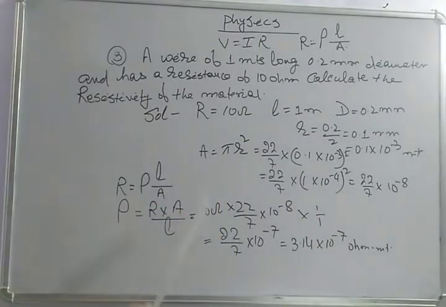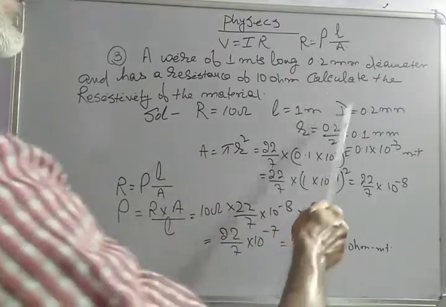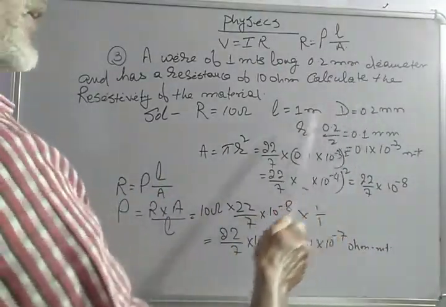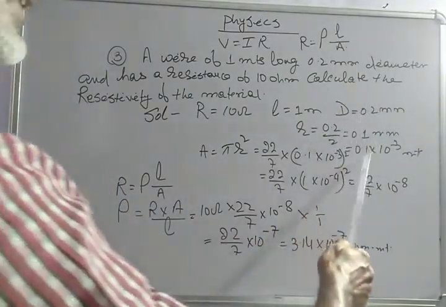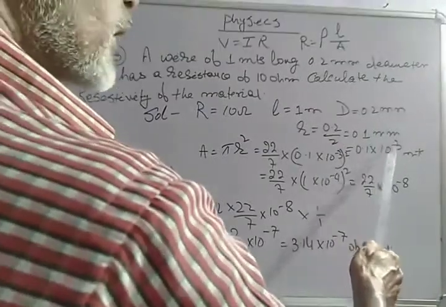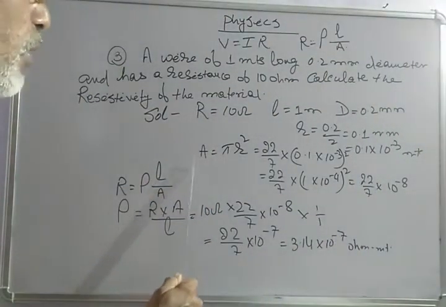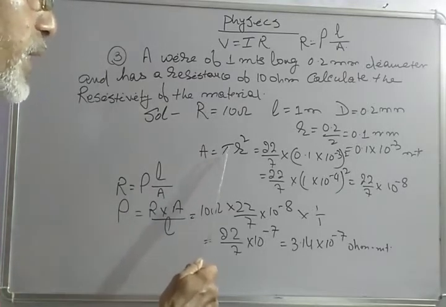Solution: resistance is given as 10 ohm, length is 1 meter, diameter is 0.2 millimeter. So the radius is 0.1 millimeter. Convert this into meter: 0.1 into 10 to the power minus 3. Now I am going to take out the area of cross section.